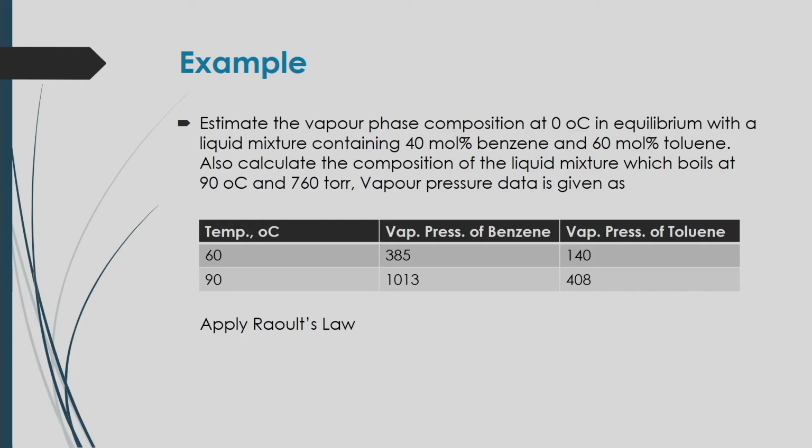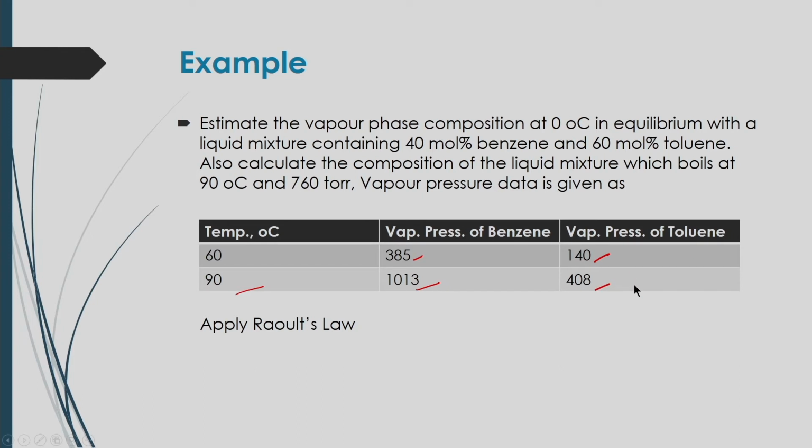At 60 degrees Celsius, the vapor pressure of benzene is 385, whereas the vapor pressure of toluene is 140. At 90 degrees Celsius, the vapor pressure of benzene is 1013 and that of toluene is 408 torr.